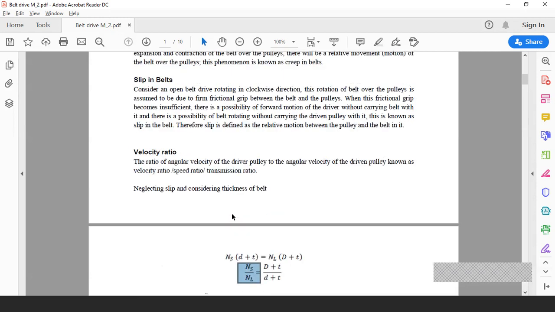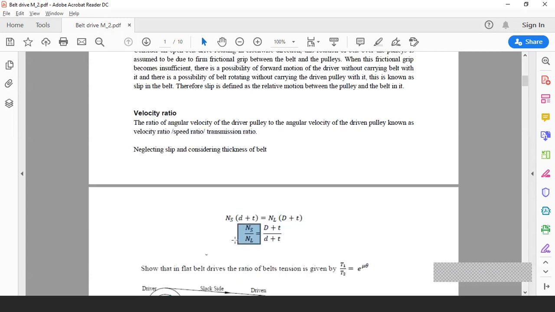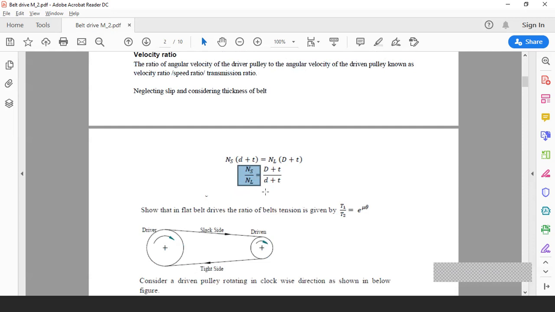There are two pulleys, which may be of the same diameter or of different diameters. On the other side, the diameter, capital D, indicates the larger diameter, that is the diameter of the larger pulley, plus t, the thickness of the belt.